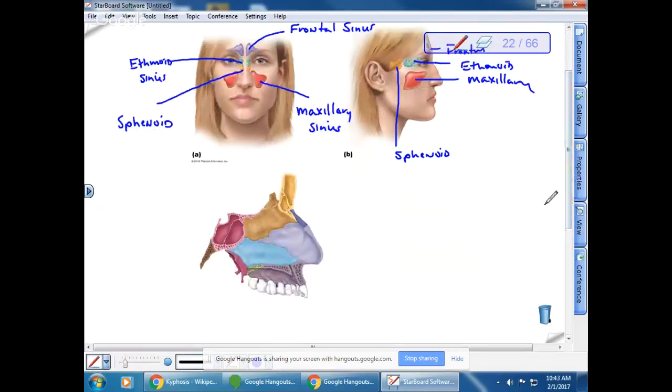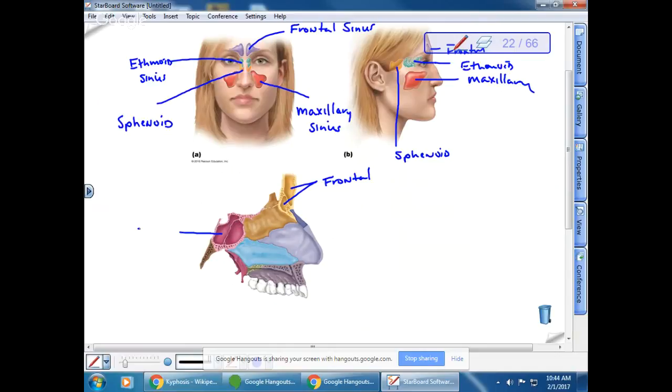This one I just wanted to put on here because this is a cross section. The only two sinuses that you can see here are the frontal. And notice how there's two components to the frontal. So these would both be frontal. And then I wanted to show you how large the sphenoid one was.